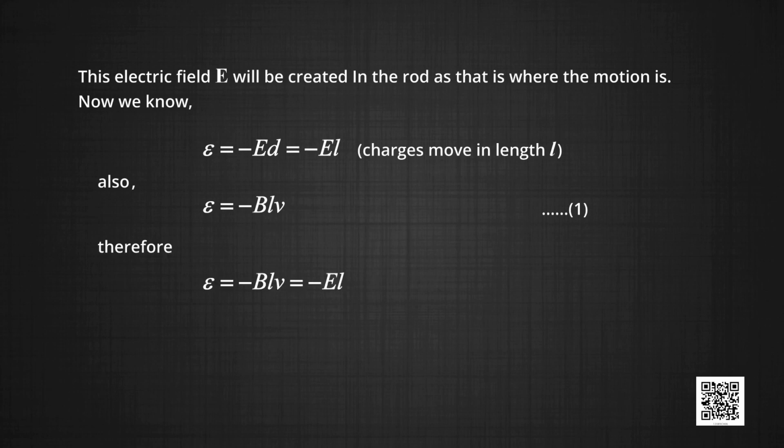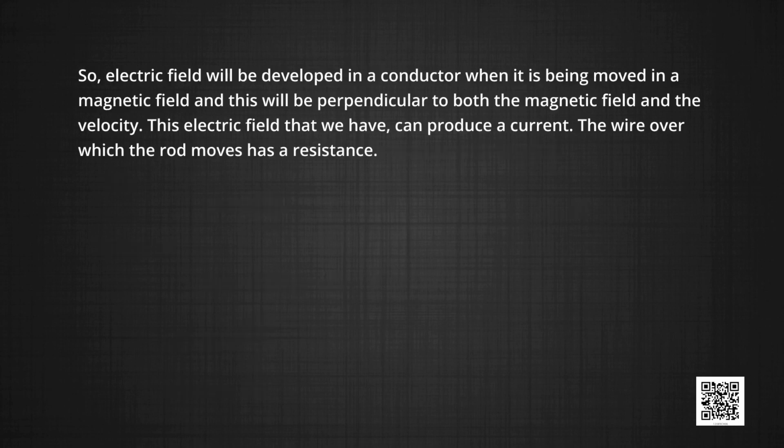Therefore, minus BLV must be equal to minus of electric field E into L. So, electric field E must be equal to BLV by L, which is equal to BV. So, an electric field will be developed in a conductor when it is being moved in a magnetic field, and this will be perpendicular to both the magnetic field and the velocity.